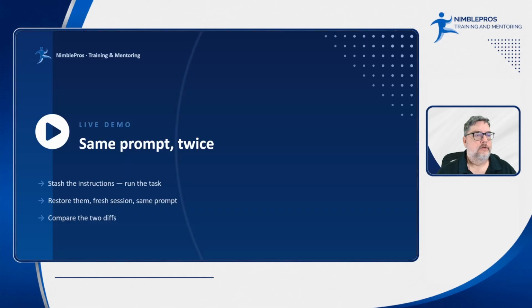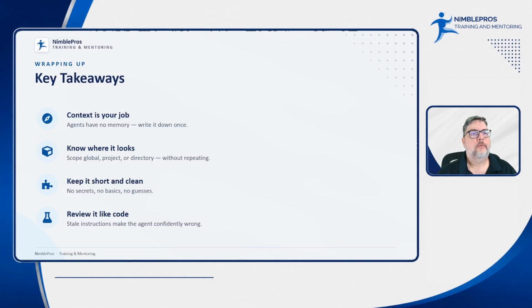All right, so just a couple of things to talk about as we wrap up here. Remember, context is your job. Those agents don't have a memory. They don't remember what you included in the last command. They don't remember what you included in a command a week ago. So all that information about your standards, about all that kind of stuff, it all needs to be in those instruction files because those get included with every request.